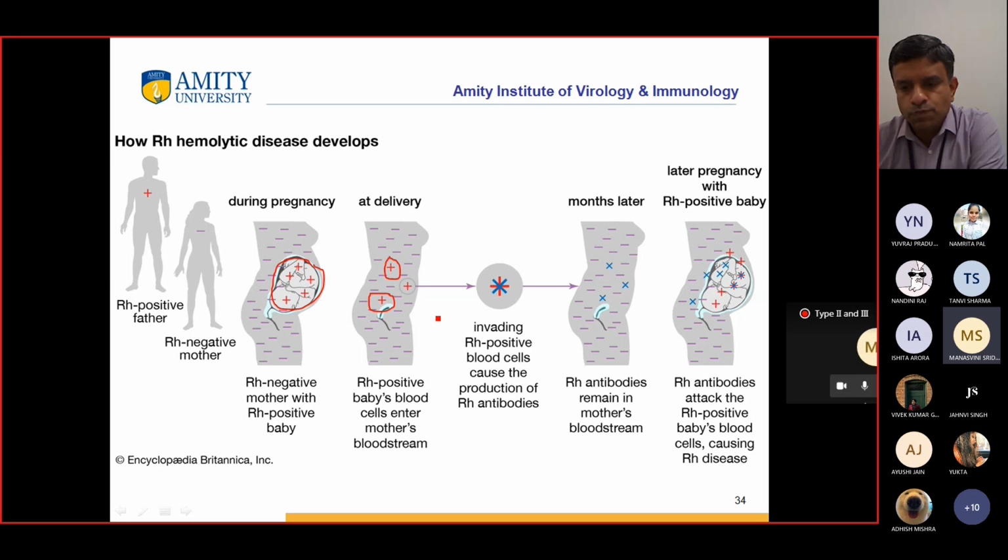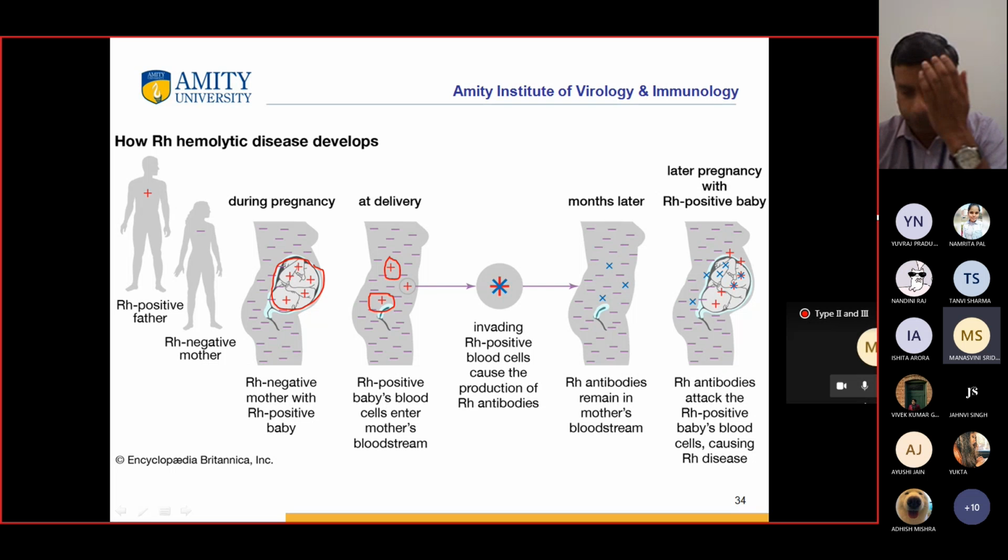Because of that, it will deploy B cells, which will turn into plasma cells and memory cells, and the plasma cells will destroy the Rh positive blood cells. After that the plasma cells are gone, but the memory cells remain and they remember the Rh positive blood cells.